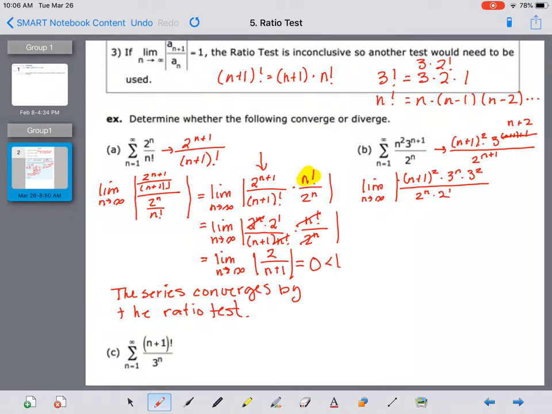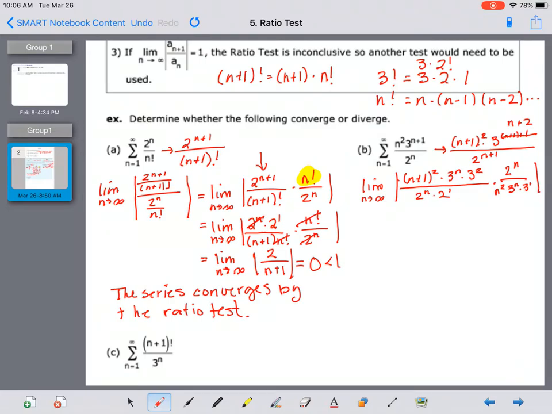That's my n plus 1 term, and I want to divide it by my nth term, which is really just multiplication of the reciprocal. So I'm going to do that right now. Let's go 3 to the nth times 3 to the first.